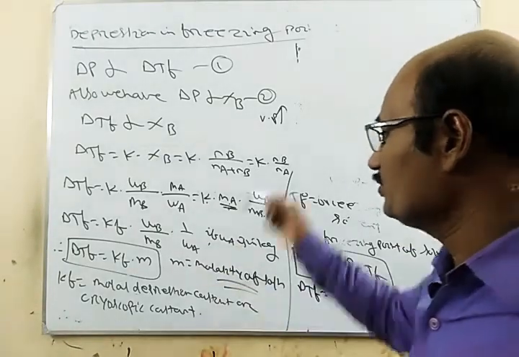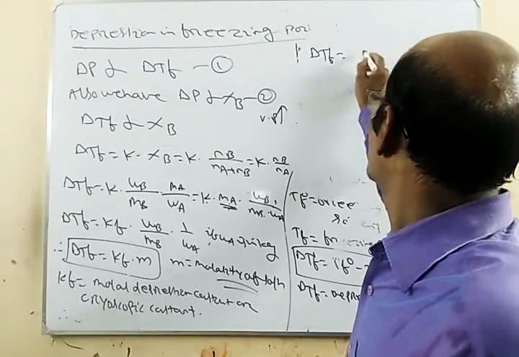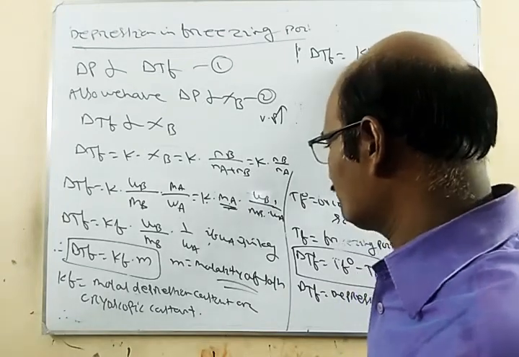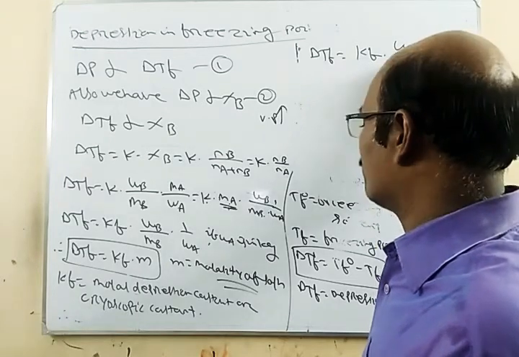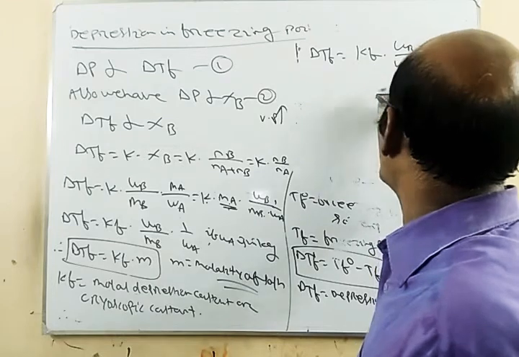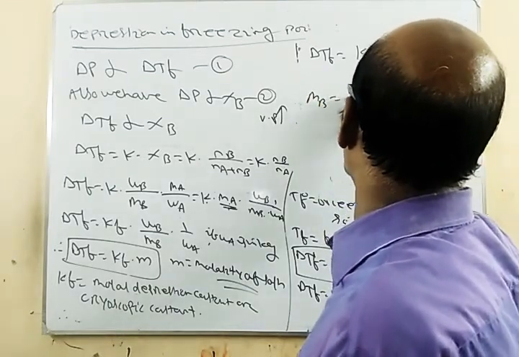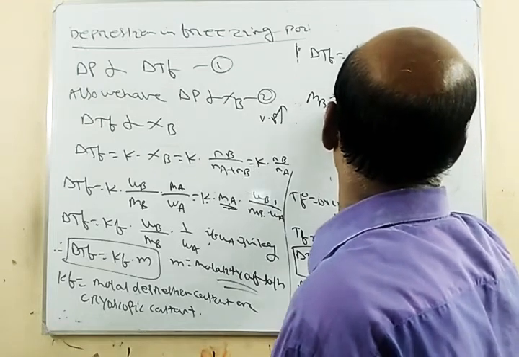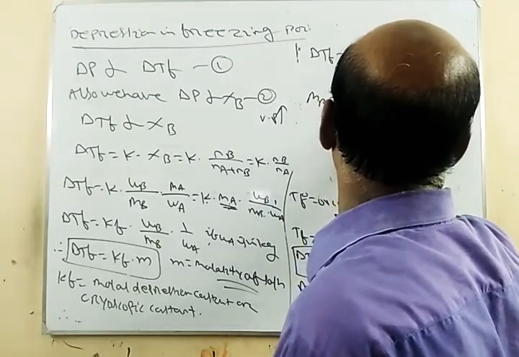Okay. So from this also we can write the molecular mass. From here you can see delta Tf equal to Kf into WB by WA into 1 by MB. So what you can write, MB is equal to Kf into WB divided by delta Tf into WA.